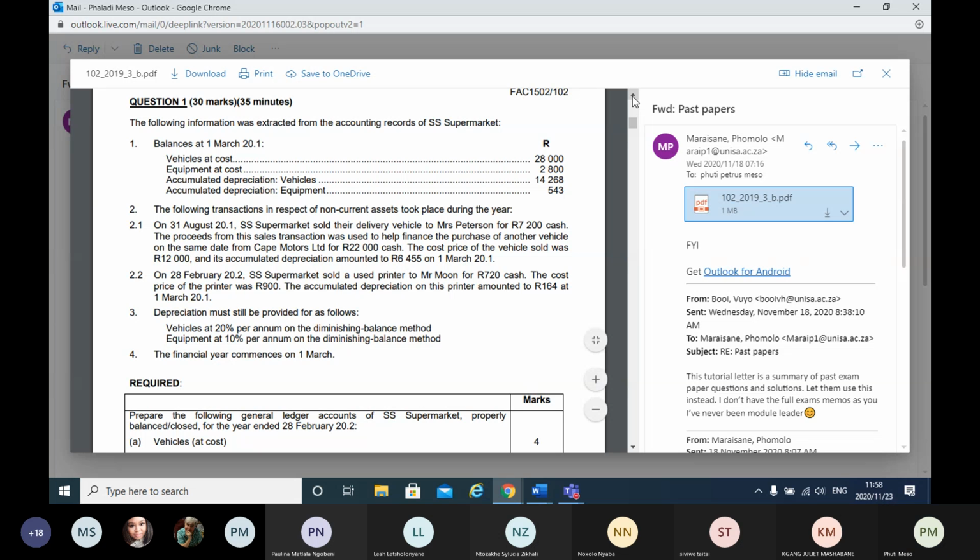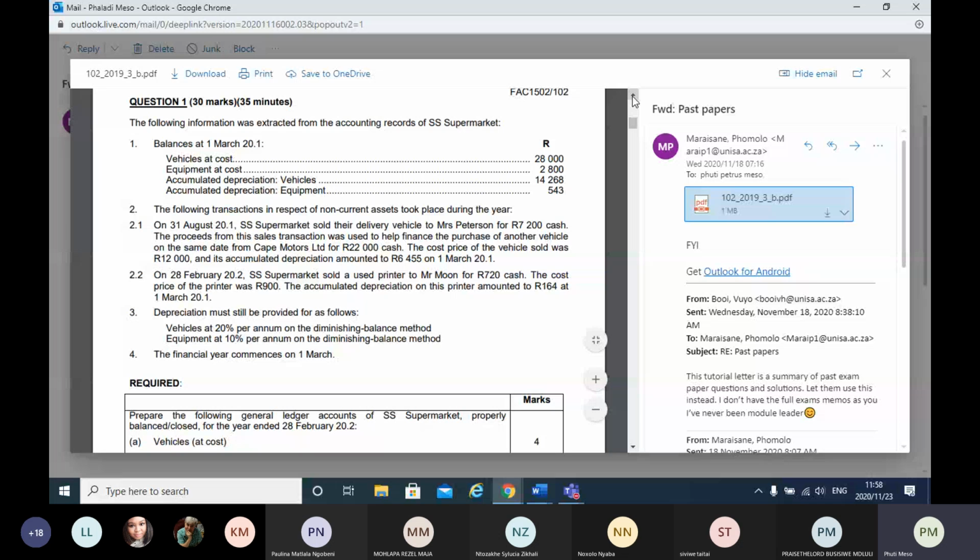Right, 5545 multiplied by 20 divided by 100, and then you multiply by 6, you divide by 12. What's the final output there? It's 554.5. Rounding it off, it will be 555. Yes. Okay, well then that's fine.